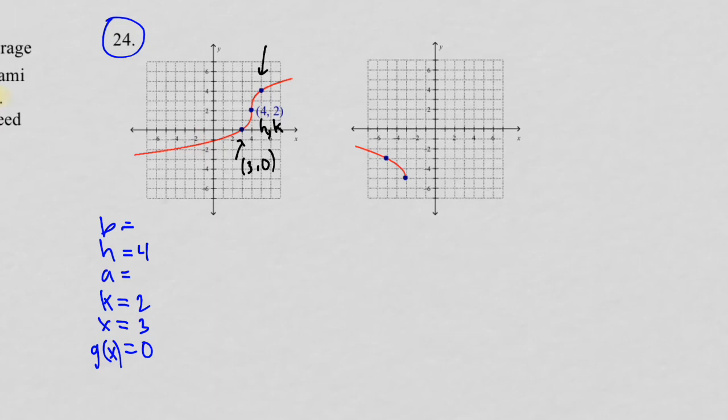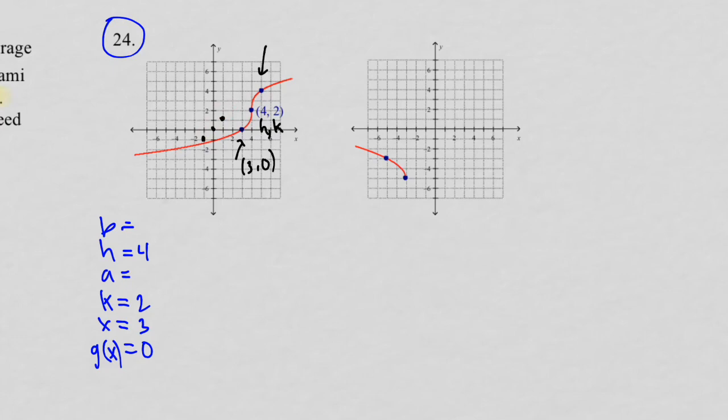This is the parent function. They're really close to each other. So what happened to these points? Did they move away from each other horizontally, or vertically? You can see that they moved away from each other vertically. This point went up higher, this point went down lower. This is a vertical stretch, so we're going to use A.